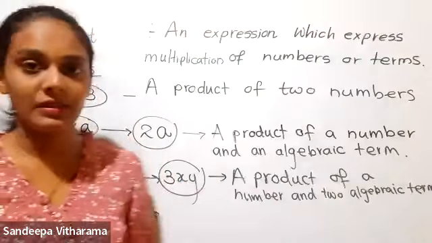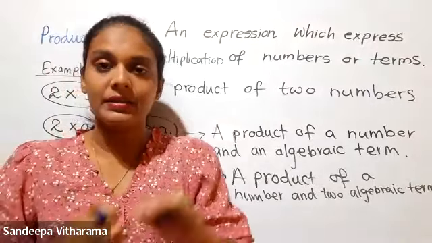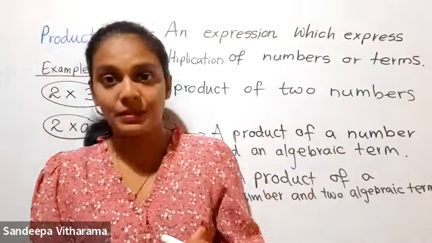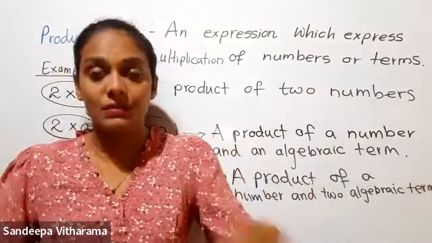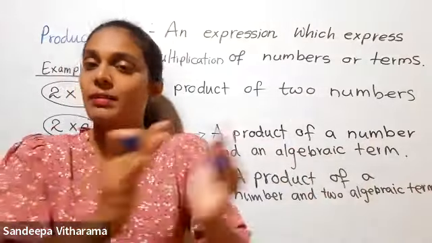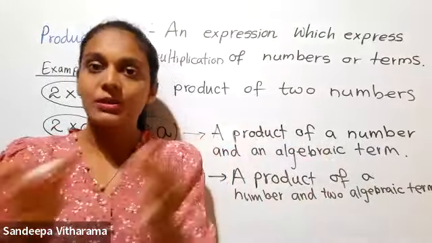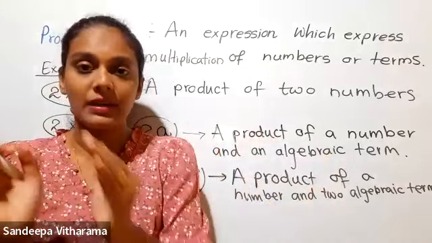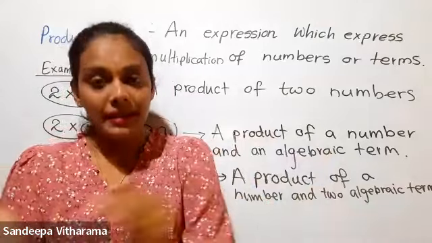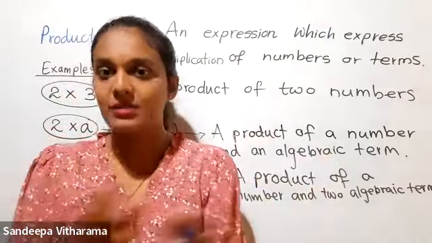When you multiply an algebraic term by a number, like x into 5, it's not x5.